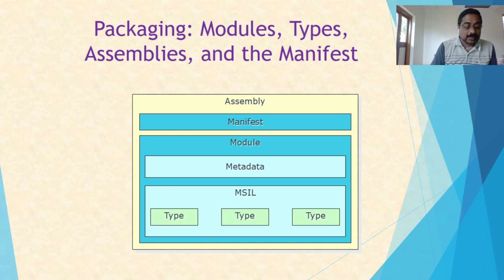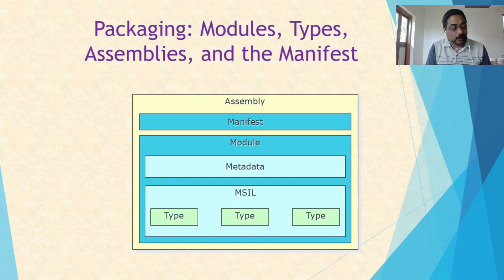This information is called the assembly manifest, which contains information about the members, types, references, and all the other data which the runtime needs for execution. So every assembly you create contains one or more program files and a manifest.